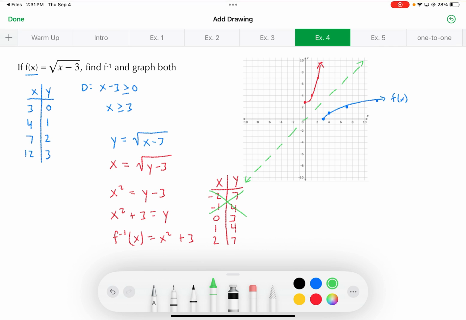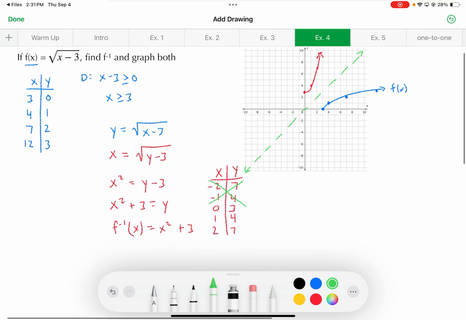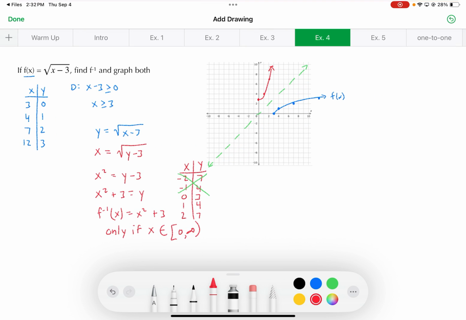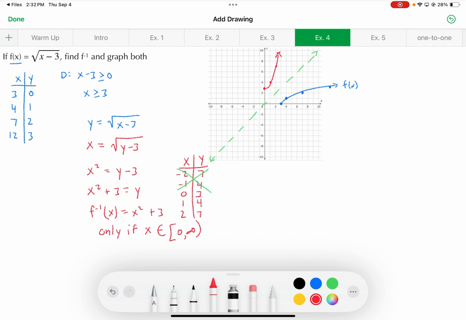Okay, so I have a restriction here, that this only is going to work for x values greater than or equal to 0. Okay, so let's add that in. Only if x is an element of 0 to infinity. Now, why is that? Because the range of the original function f was 0 to infinity. Okay? Questions there?